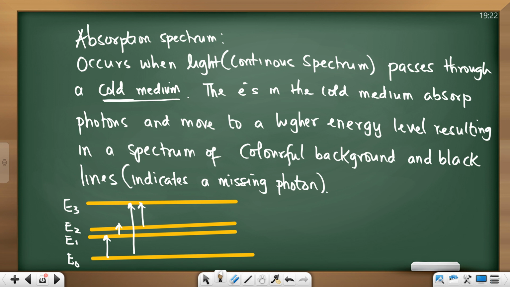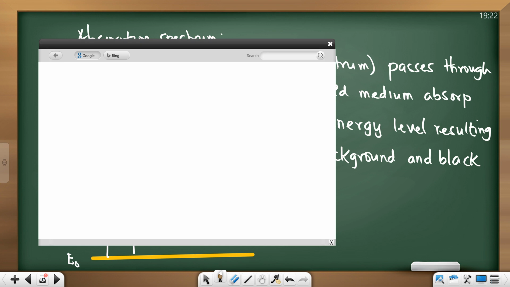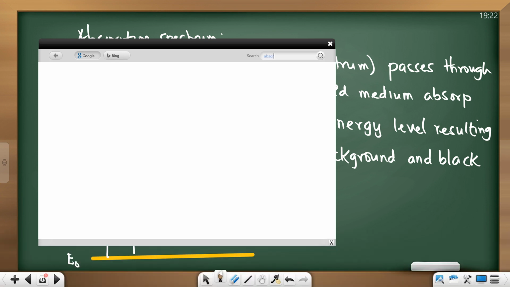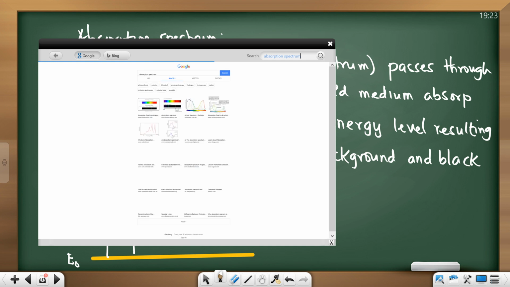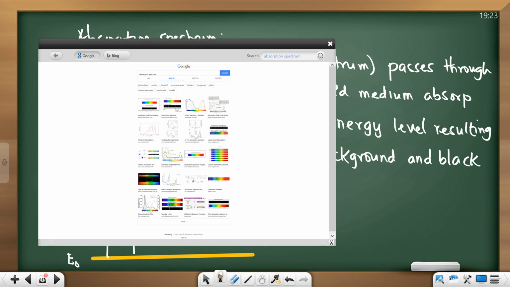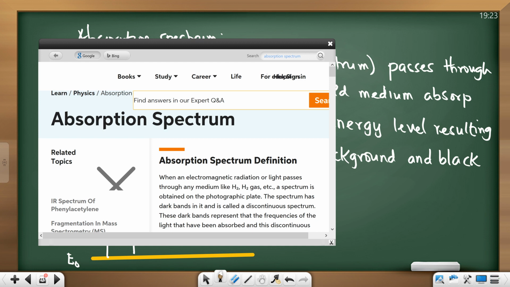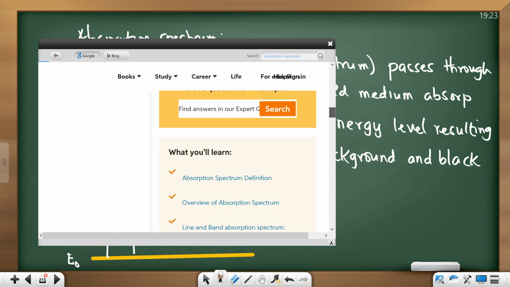I can access my internet here and show you a picture of an absorption spectrum, because I wanted you to see it. Absorption spectrum. When I say colorful lines and background, good. We should be able to get a very clear picture now.